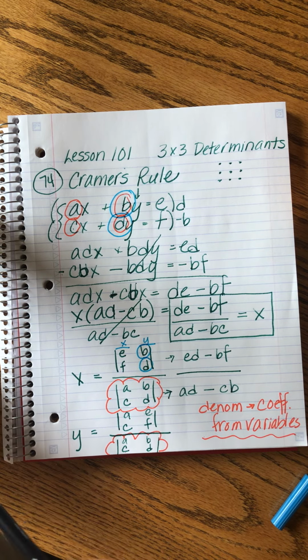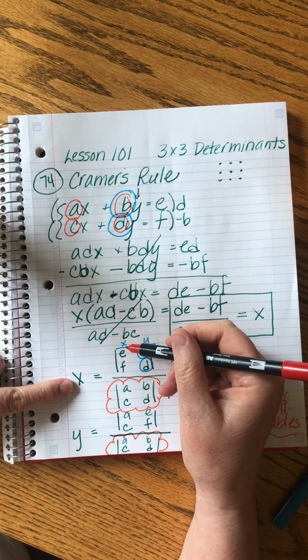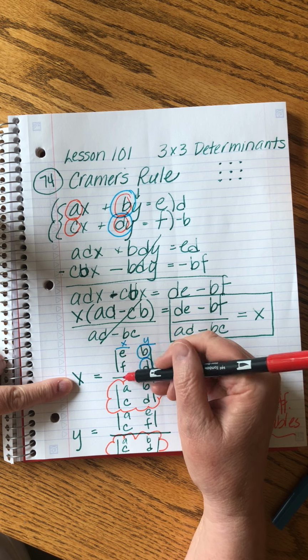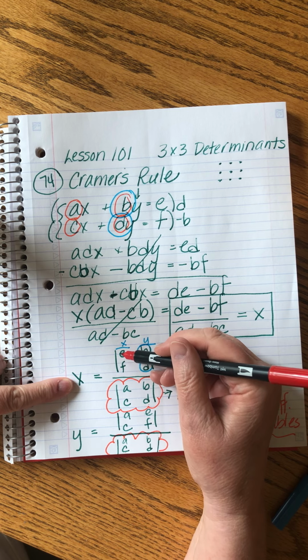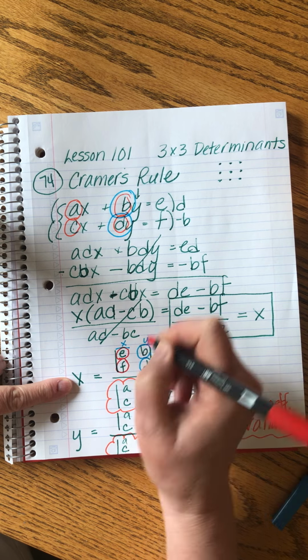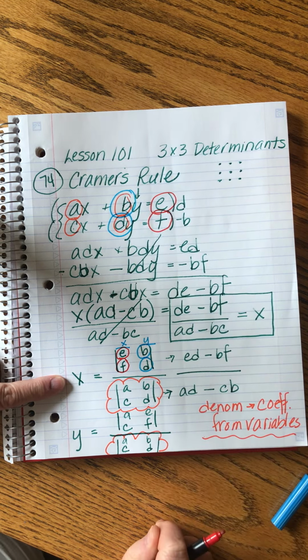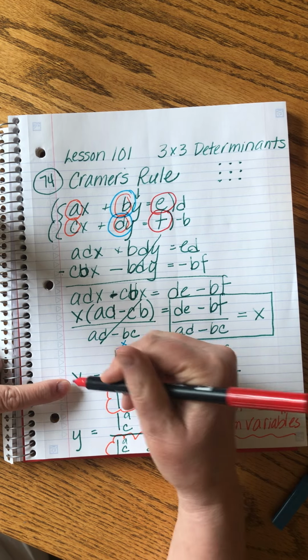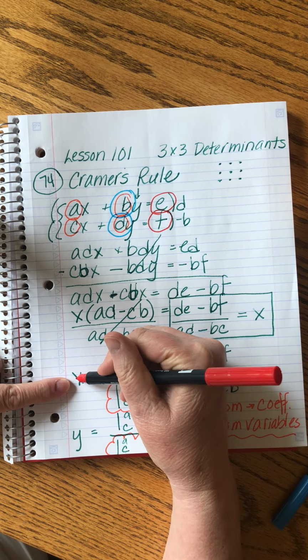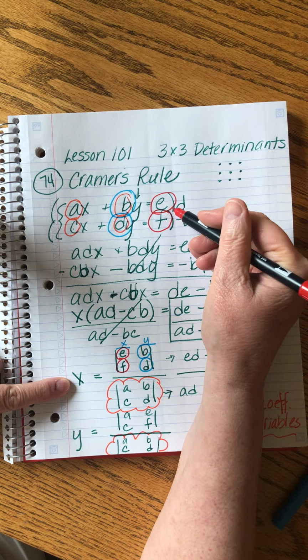But look at this. In the X column, when we're looking at the formula for X, we don't put the variables for X in there. We go to the other side of the equation and bring in the E and the F. So in the column that matches the variable we're trying to calculate, we don't put in the variable, we put in the other side.